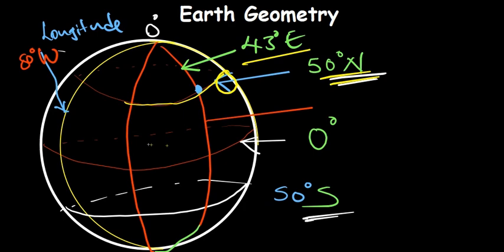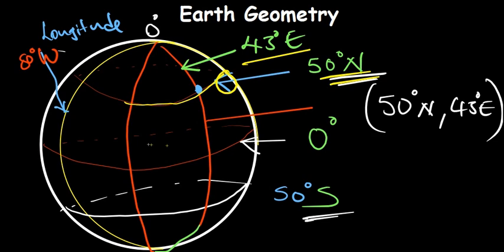A position is given by the latitude, comma, the longitude. So that location would be 50 degrees north, comma, 43 degrees east. That's how you give a position under Earth geometry.